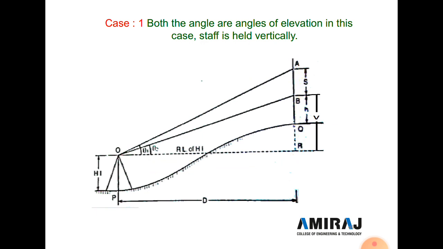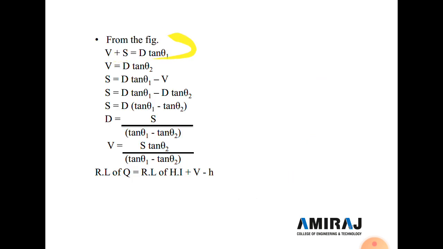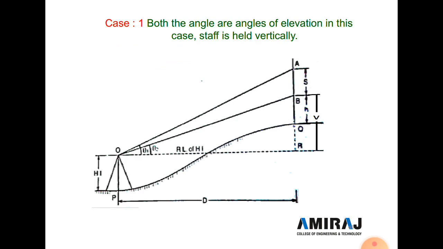So tan theta 1 is equal to V plus S divided by D, so V plus S is equal to D tan theta 1. Similarly we take another, smaller triangle O, B and R, with angle theta 2.